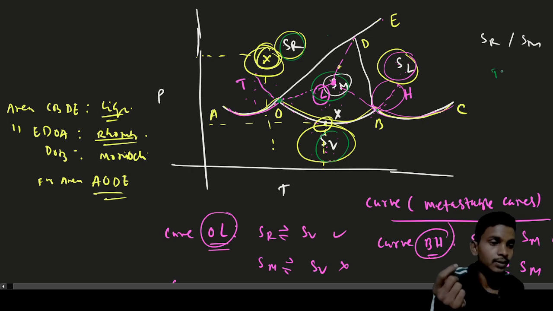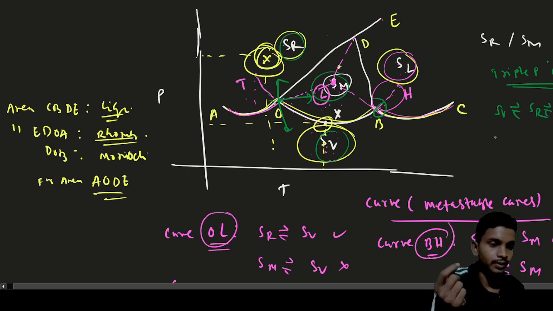So triple point O exists with one side SB, one side SR and the other side SM.